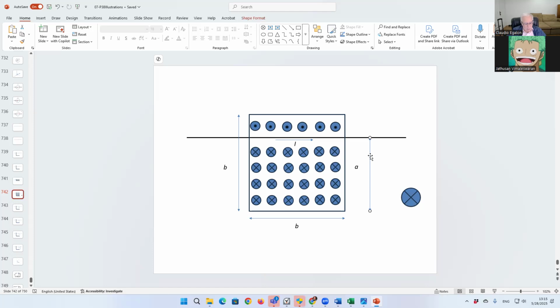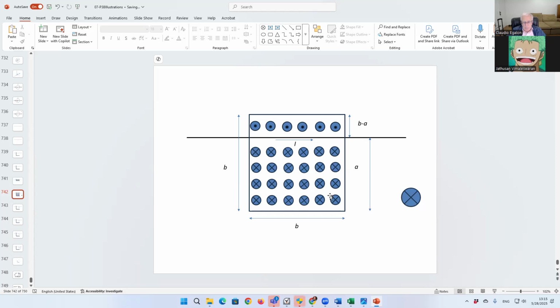I'm going to label it here, b minus a. Let's stretch a little bit more. So I solved the flux for this upper part.